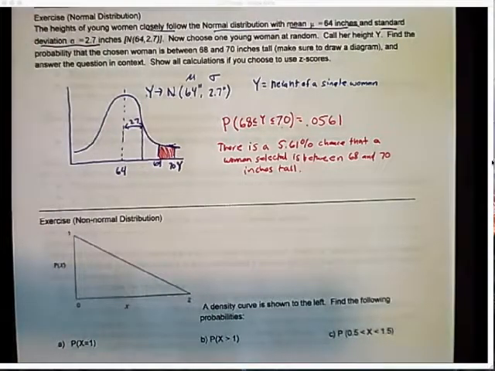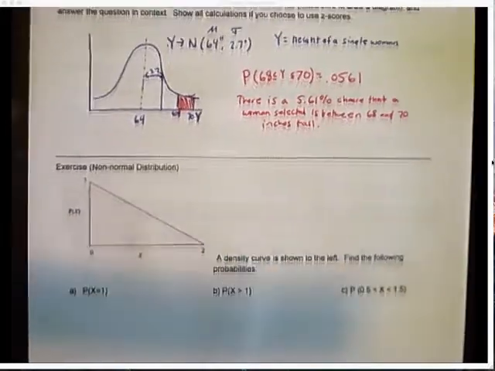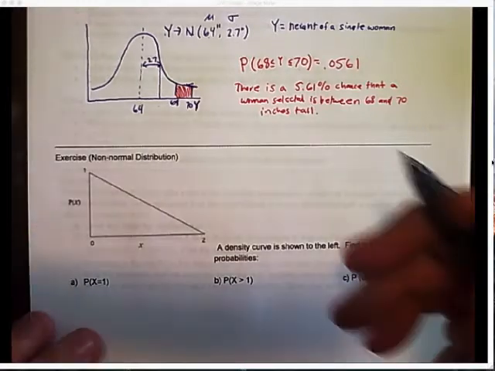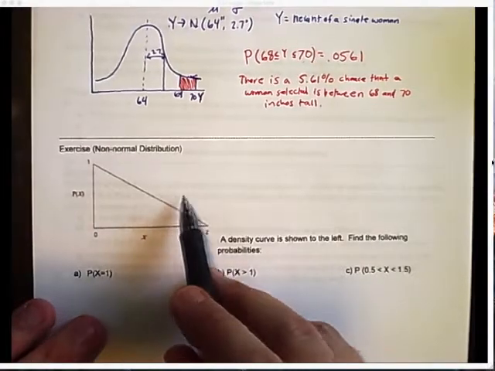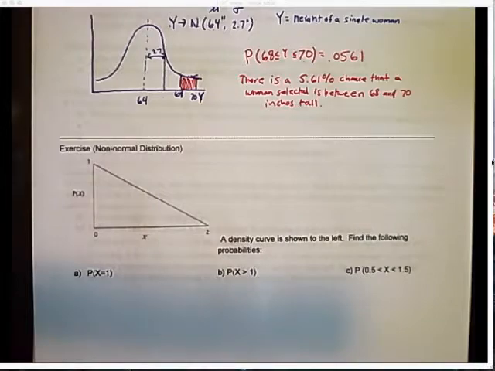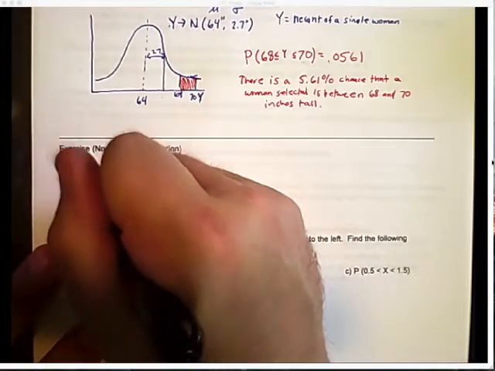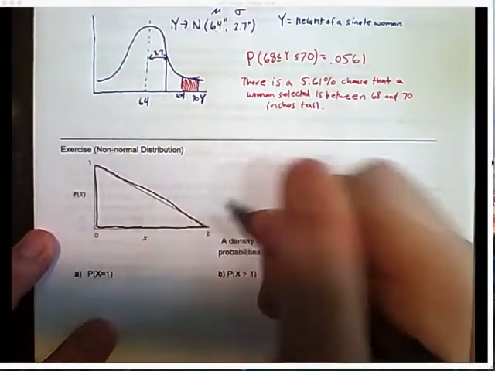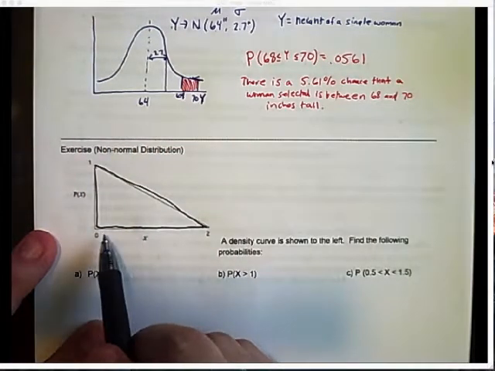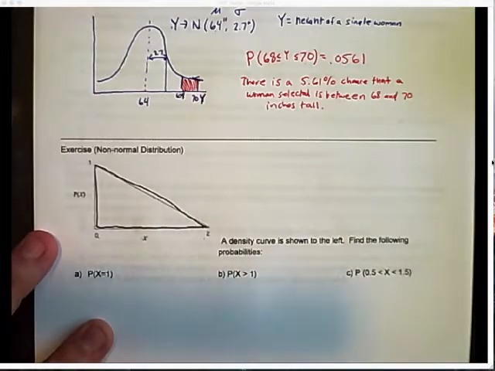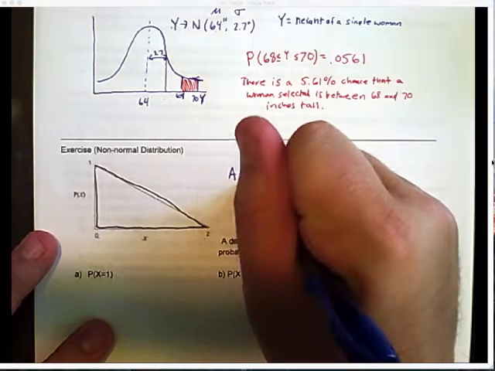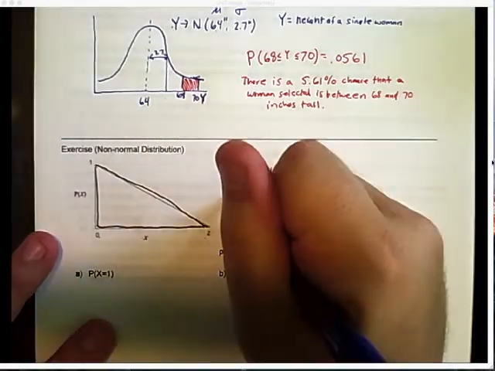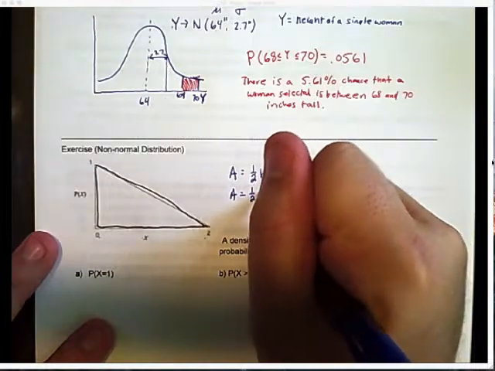All right, now what about if you have a continuous distribution, but it's not normal, it's not a bell curve? Well, before we do anything, let's make sure this is a valid density curve. So if you look at it, it's a triangle. And the values that the variable can take are between 0 and 2. So if you remember how to find the area of a triangle, we say 1/2 base times height. What's the base?